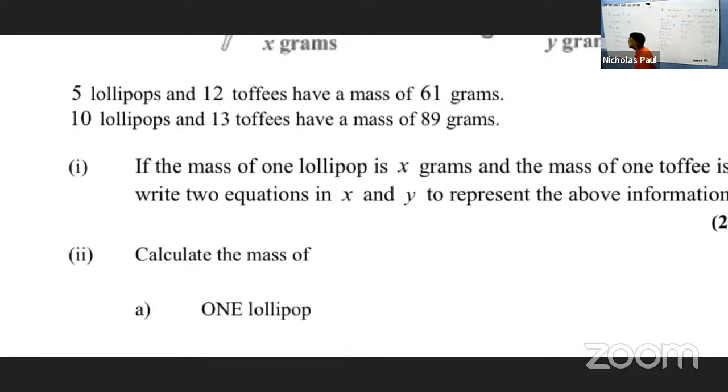Take your time, read the information. Any method you want, it doesn't matter. Substitution, elimination, whichever you find more comfortable. Right? This one, substitution might be hard. Elimination might be better, because there is no 1 in front of x or y.